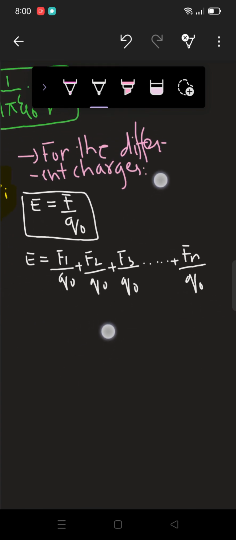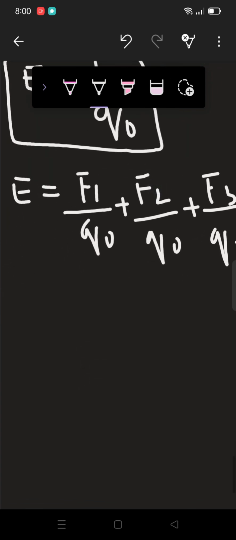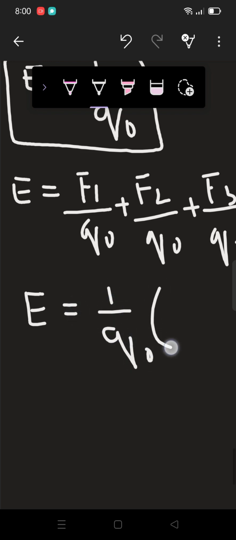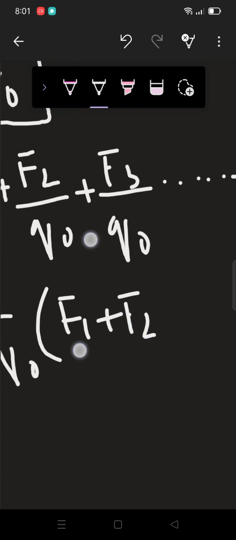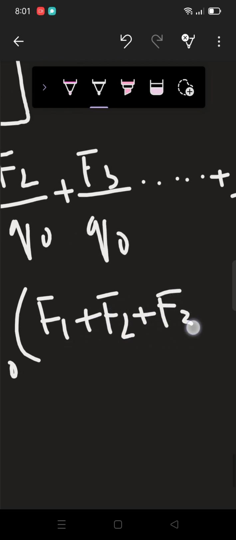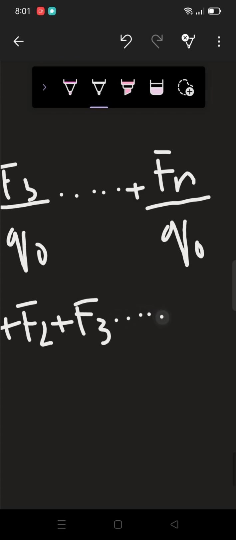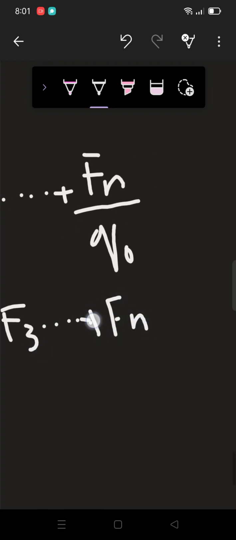We know that the charges are the same, so taking 1 upon Q naught common, we get F1 plus F2 plus F3 and so on up to Fn.